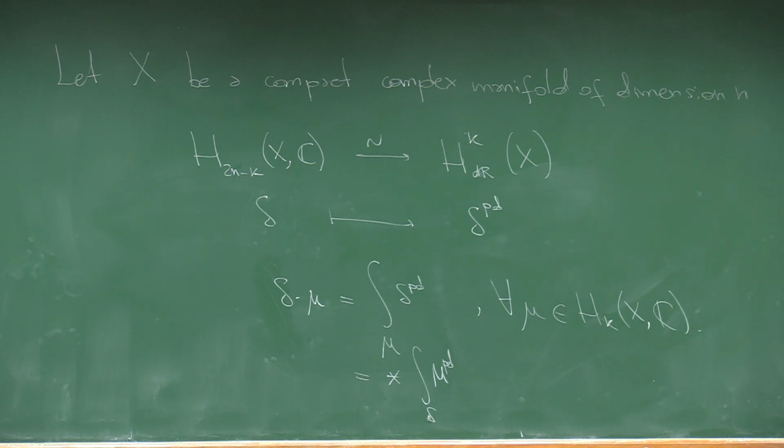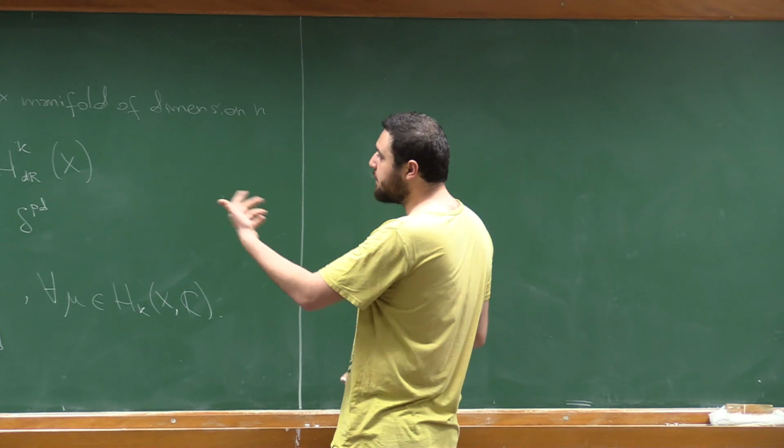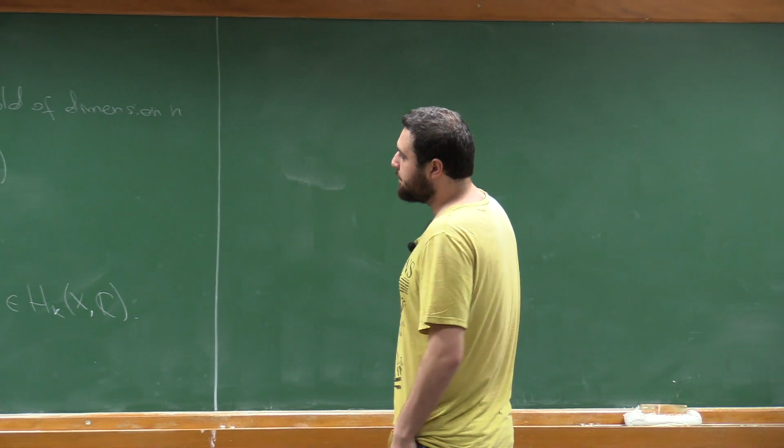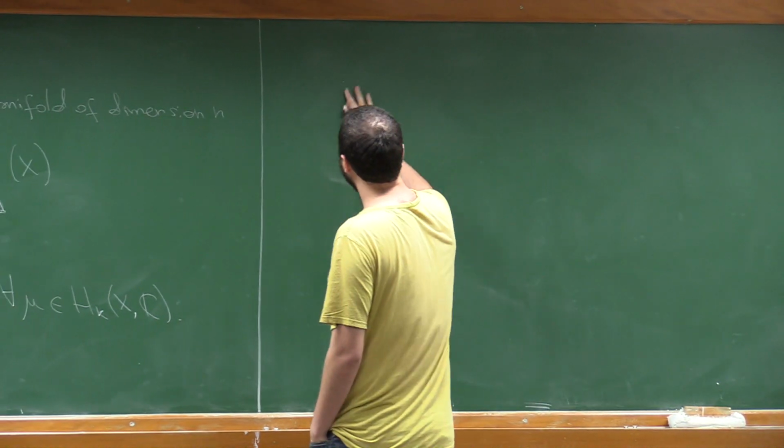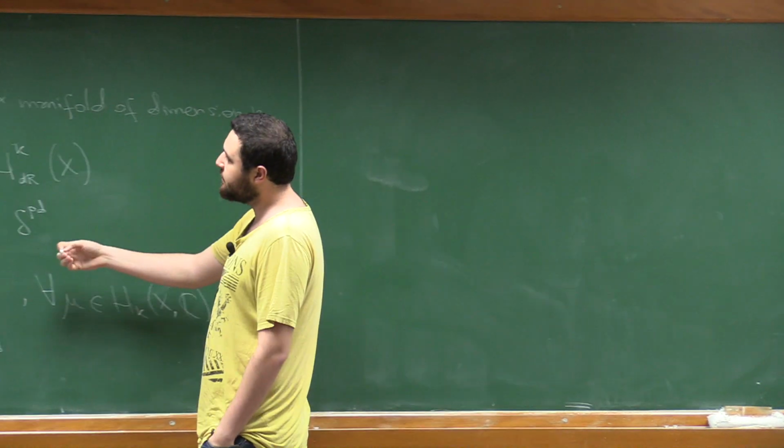Okay, there is something that I didn't mention, I think, but it's true: in fact this Poincaré de Rham duality map is well behaved with respect to the intersection product.